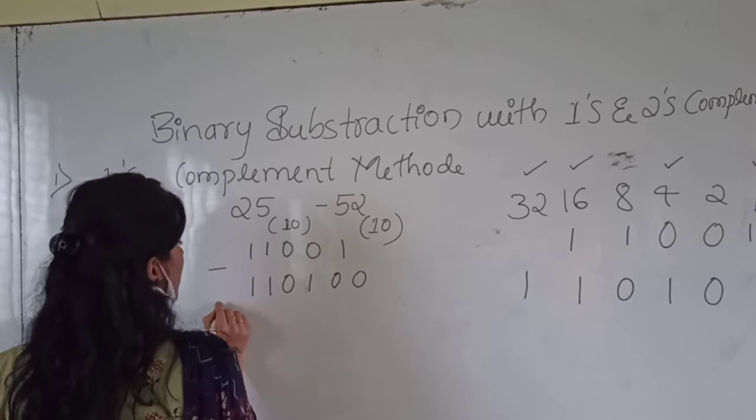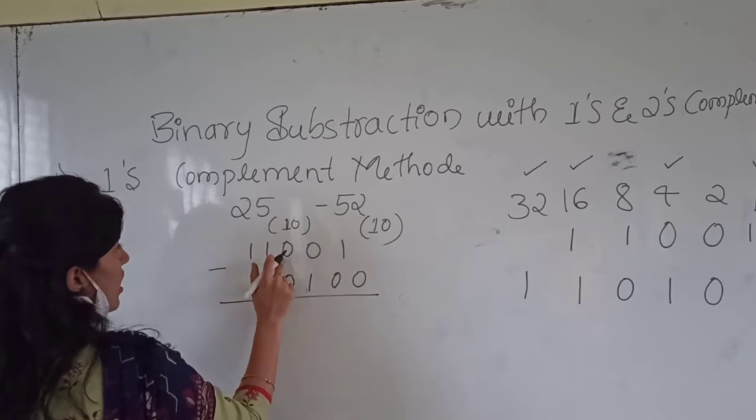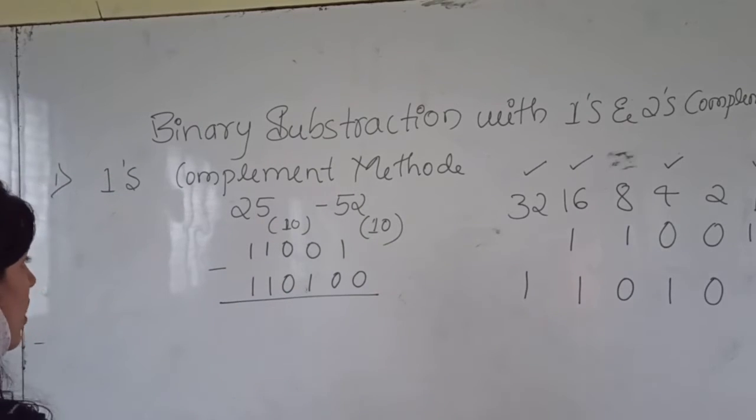We make a binary subtraction for these two binary equivalent numbers.